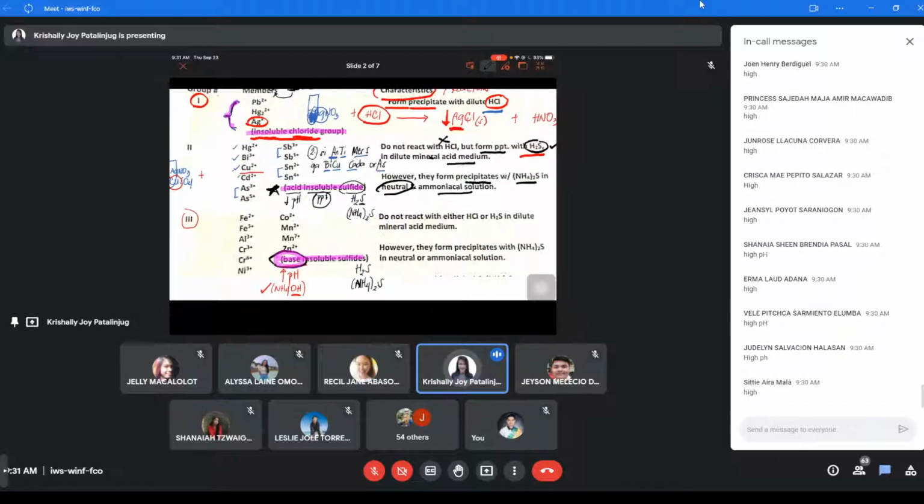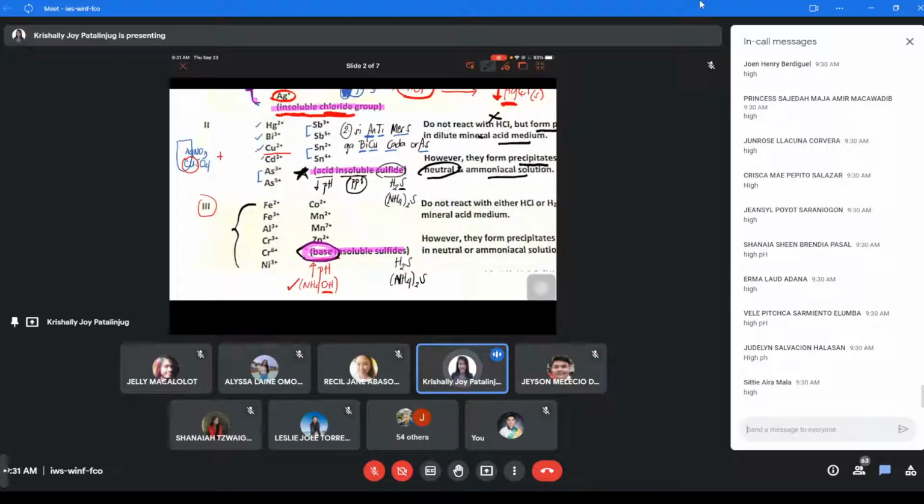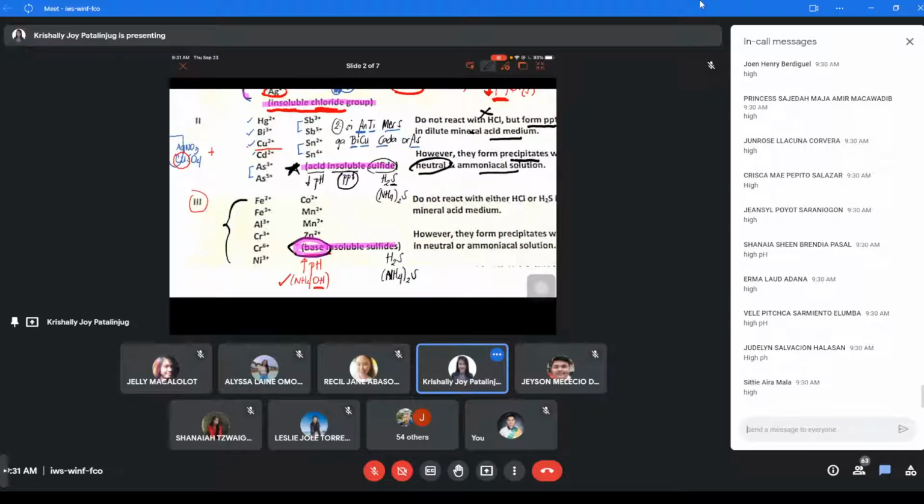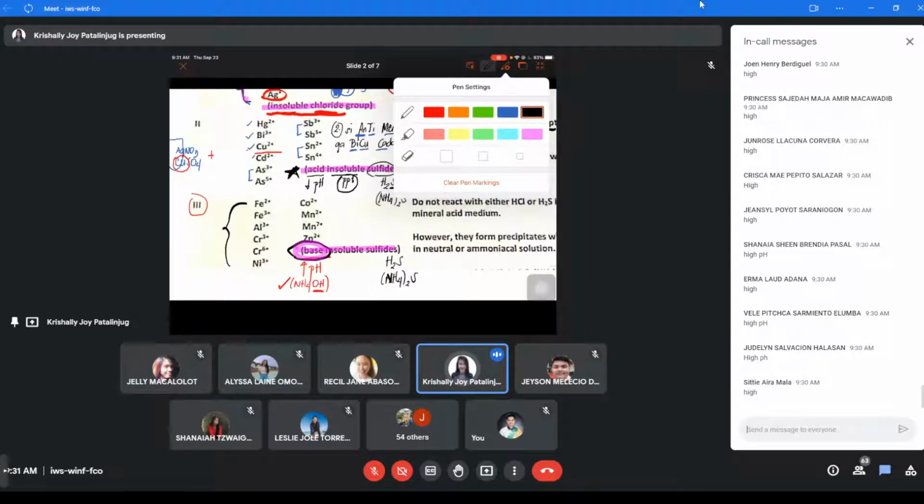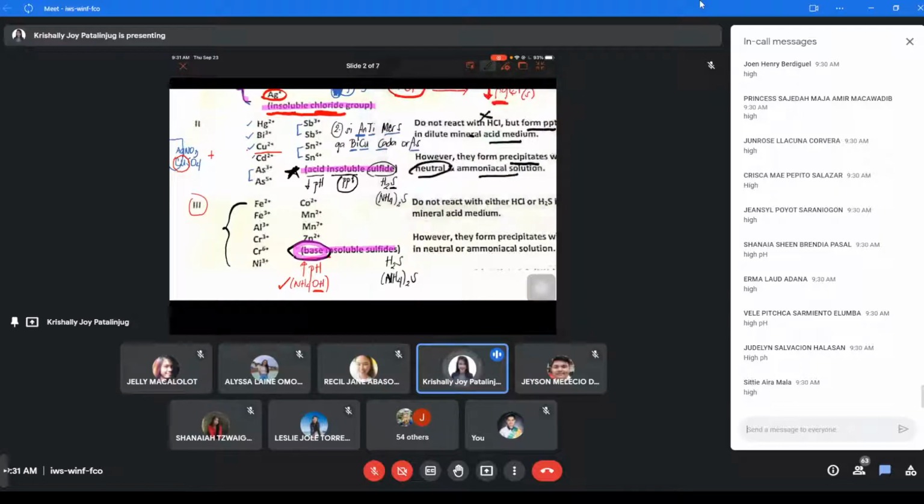These are the following ions under group 3: iron 2, iron 3, aluminum 3+, chromium 3+, nickel, cobalt, manganese, and zinc. For the mnemonics, they are a bit weird because they are in Bisaya, but they will help.